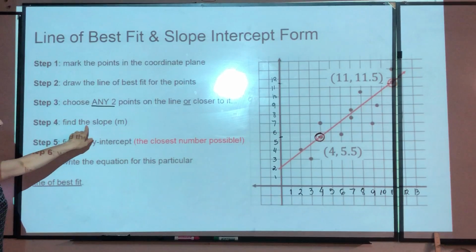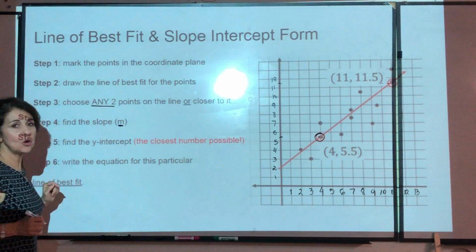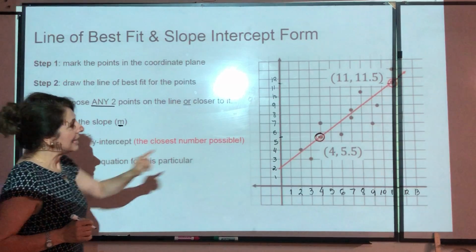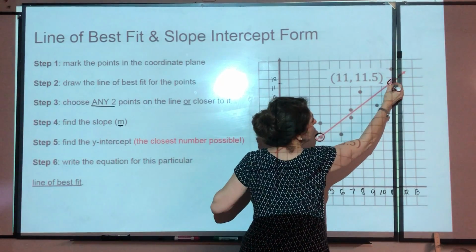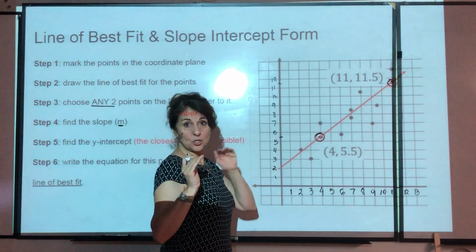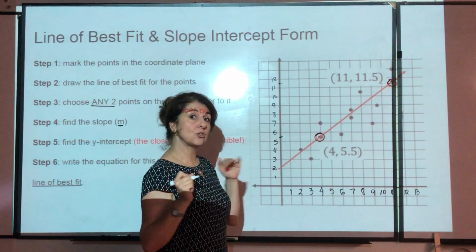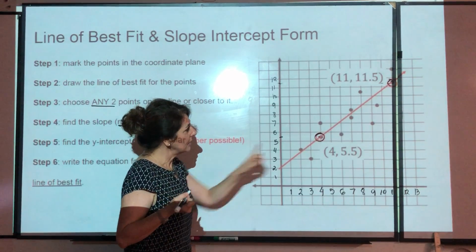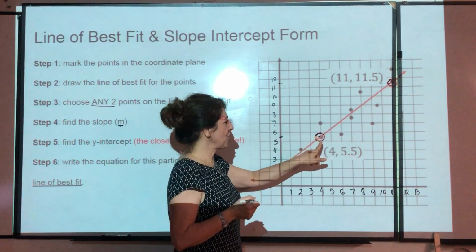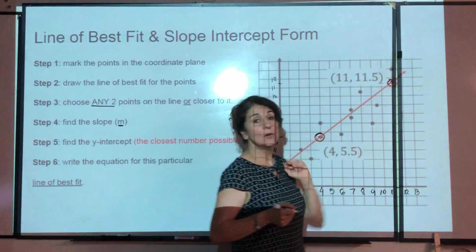Then find the slope M. So this is the slope I'm going to find, the slope M. And the 2 points that were chosen are these points here. So there are 2 ways that I can do it: y2 minus y1 over x2 minus x1, or the easiest way, since I have a graph, is to count how many rise and then how many for the run.